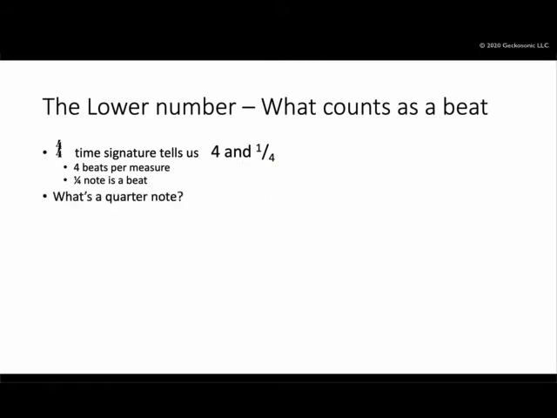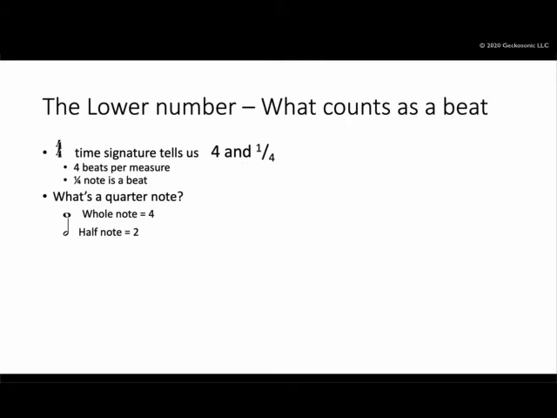But you don't know what a quarter note is. You might. A quarter note has to be defined in terms of other notes. So a whole note is this open, unfilled oval, and it counts for 4 beats. A half note is an unfilled oval with a stem, and it counts 2 beats.